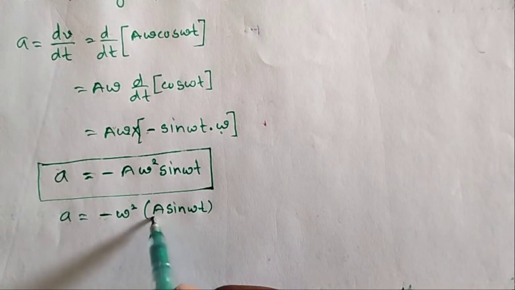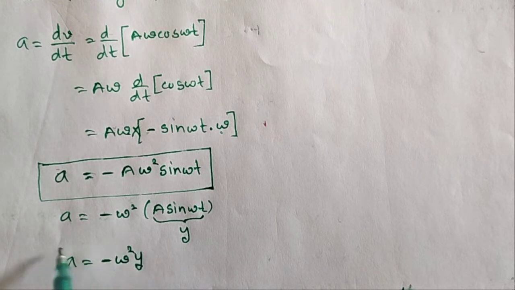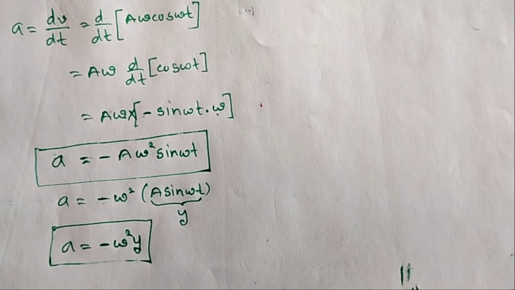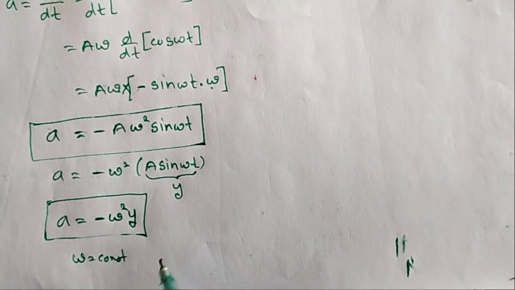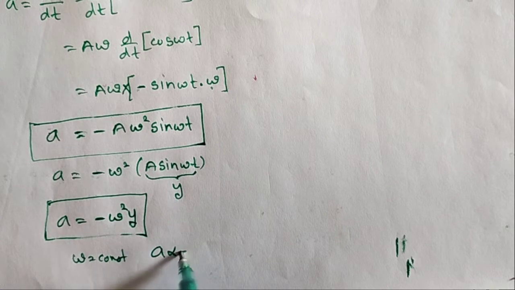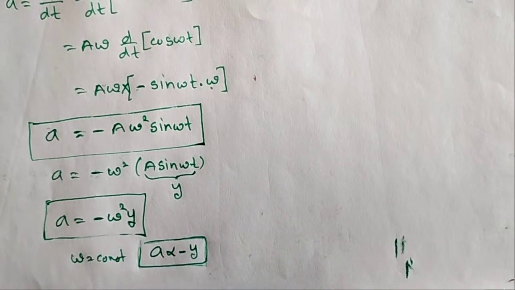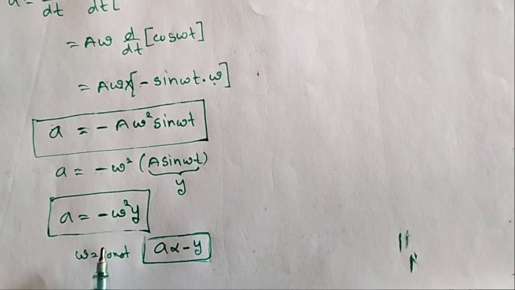Here we know that a sin omega t is equal to y. So that is a is equal to minus omega square y. This is the acceleration of simple harmonic motion, if omega is constant. When the particle is moving in a circle, omega is constant, and automatically a is proportional to minus y. That gives simple harmonic motion. The condition is applied, therefore the particle is moving in simple harmonic motion.